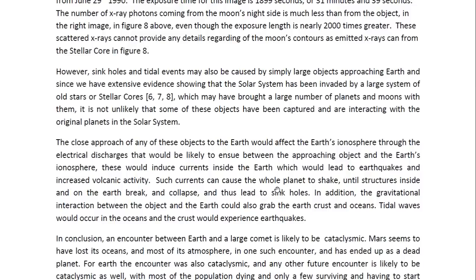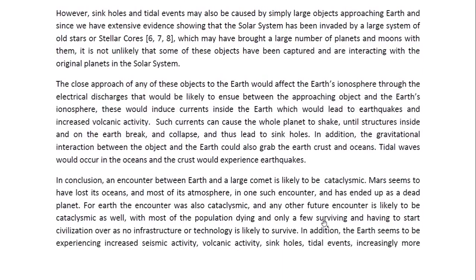Such currents can cause the whole planet to shake until structures inside and on Earth break and collapse, and thus lead to the appearance of sinkholes. In addition, the gravitational interaction between the object and the Earth could also grab the Earth's crust and oceans. Tidal waves would occur in the oceans, and the crust would experience earthquakes.